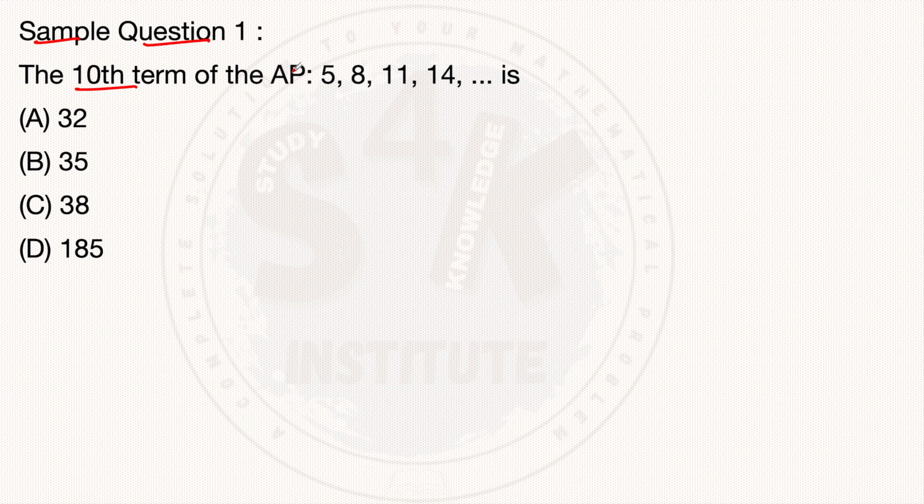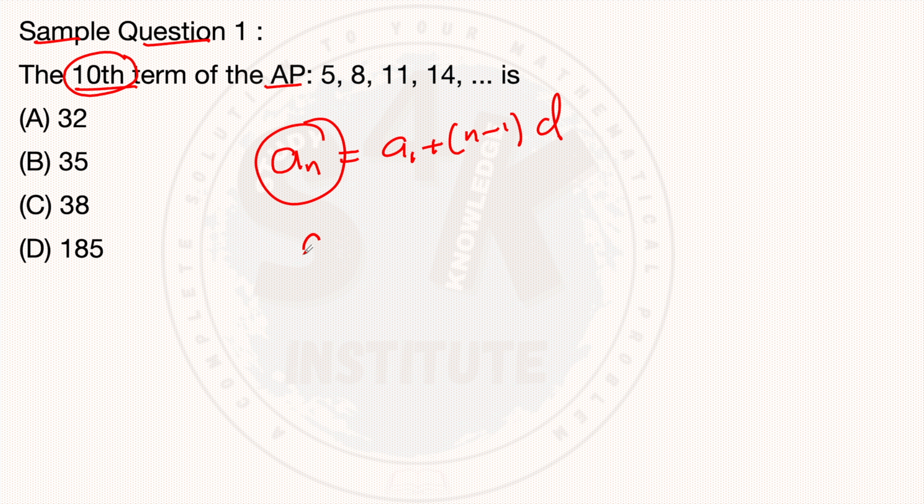So the 10th term of the AP. So this is the AP that is given to you. So this is asking the 10th term. To find out the term of a sequence, you write the formula an is equal to a1 plus n minus 1 into d, right? Here an value, that is a10, they are asking. So you know the value of n, right? a1 plus 10 minus 1 into d.